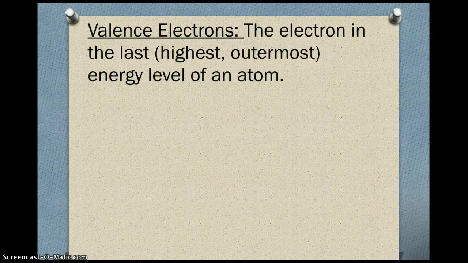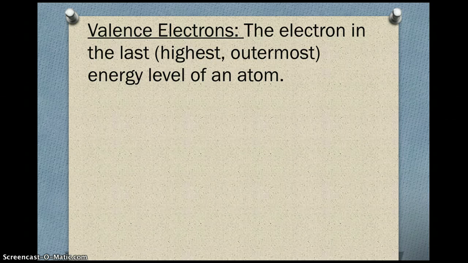And so valence electrons, those are the electrons in the last or highest outermost energy level of an atom. So you have the atom, you have the nucleus, and then you have these electrons all around it. Some of the electrons hang out a lot closer to the nucleus.